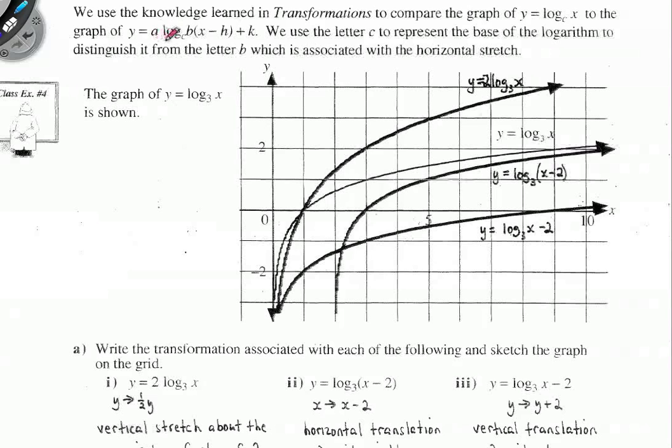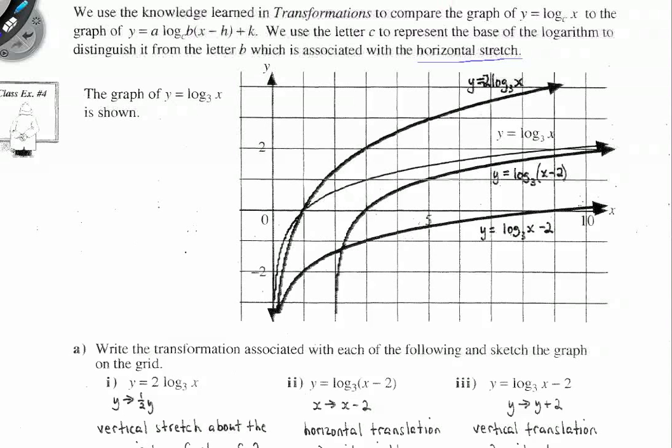This is more or less the equation we used in the unit on transformations. But we're taking the log of all of this, b times whatever's in the bracket, to the base c, and they're using c to distinguish it, that it's different from this b factor here. The b factor is associated, in the unit on transformations, with a horizontal stretch.